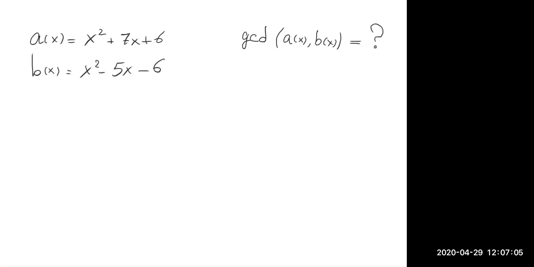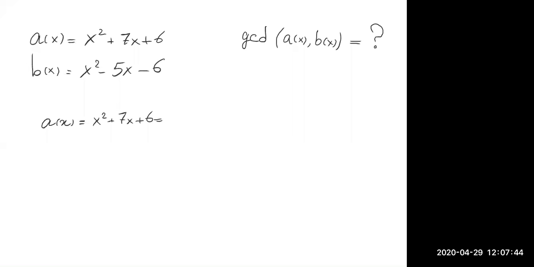If you remember, when we want to compute the greatest common divisor of two numbers, there are two different ways. Either we can decompose those numbers into primes, or we can use the Euclidean algorithm. Here we can do both. Either I can decompose a of x into its factors. In order to factorize it, I should know what the roots of this polynomial are.